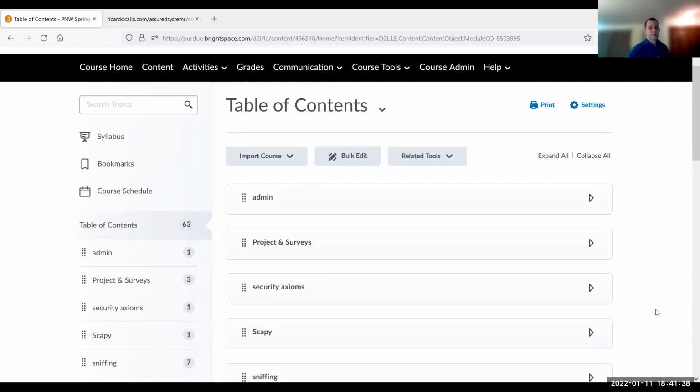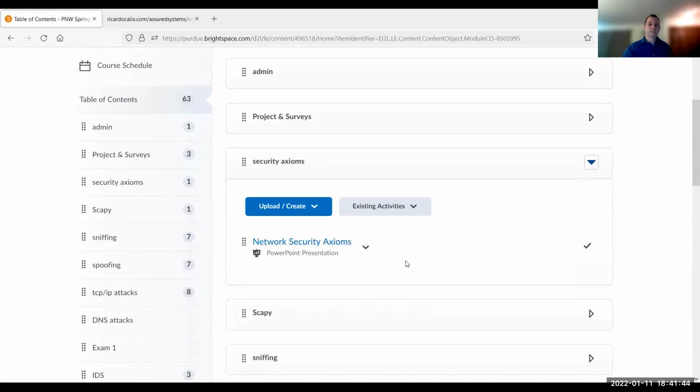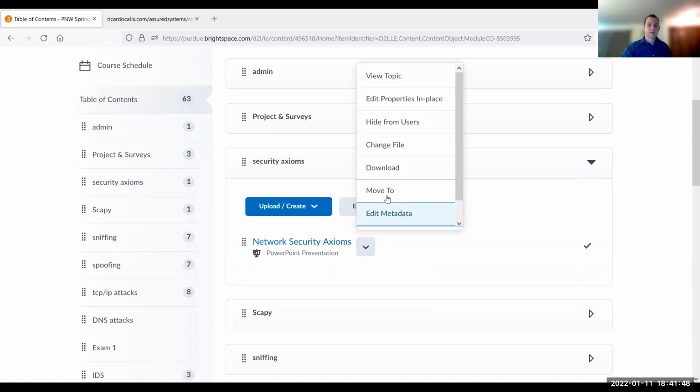All right, so let's start then with the security axioms, I guess. We'll start with just the layout, some of the theory. So let's start here.